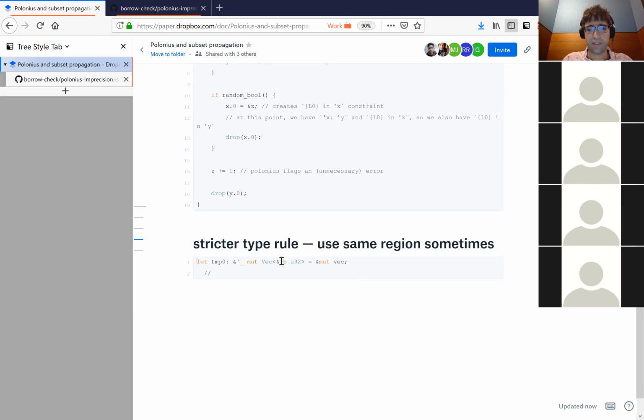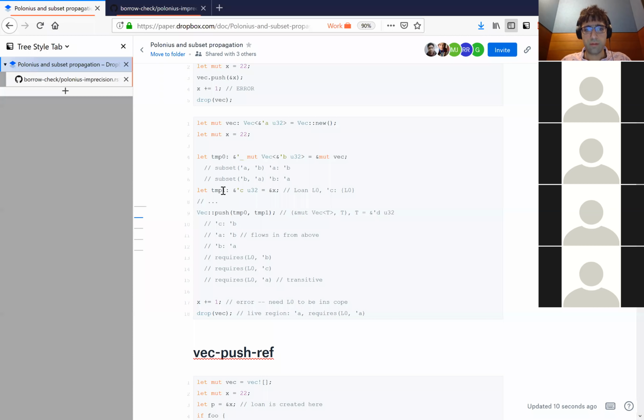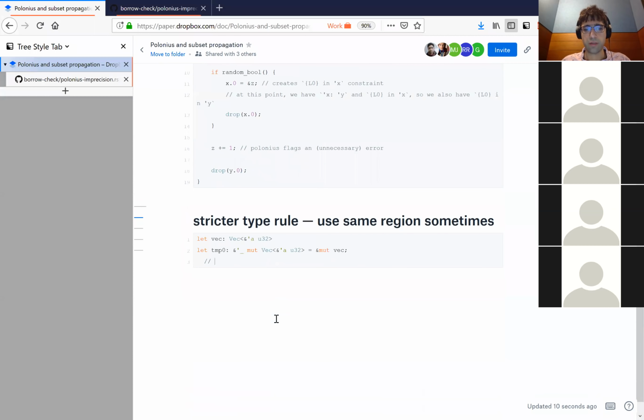The type of vector is tick A, and the type of temp 0 was tick B, but we kind of added a tick A equals tick B relation. Well, what if we pushed that earlier and said, for this to be well typed, they have to actually be the same letter in the first place, the same region. Now we don't have to propagate the equality because when we add things into temp 0, we're actually not adding them into B as before, but we're adding them into A. And so everything kind of just works.